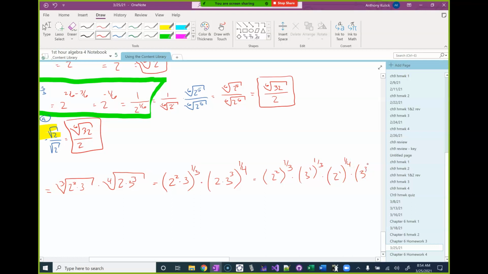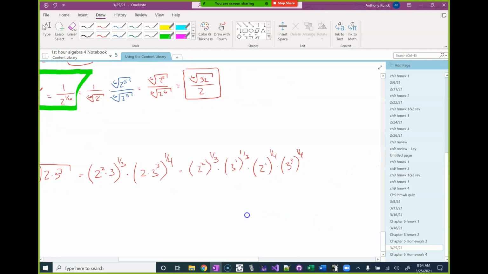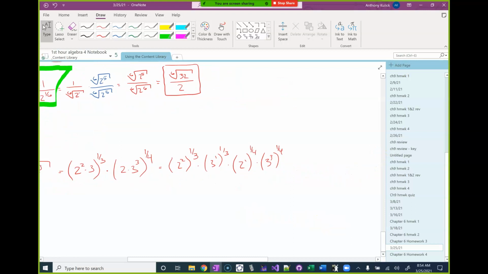Now if I look, I have property 3, the exponent of an exponent property, happening 4 times, right? So I have 2 to the 2 times 1/3, and then 3 to the 1 times 1/3, and then 2 to the 1 times 1/4, and then 3 to the 3 times 1/4.